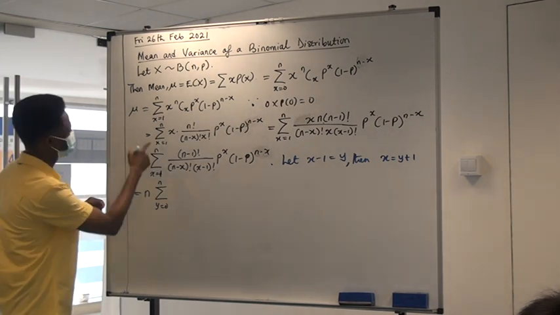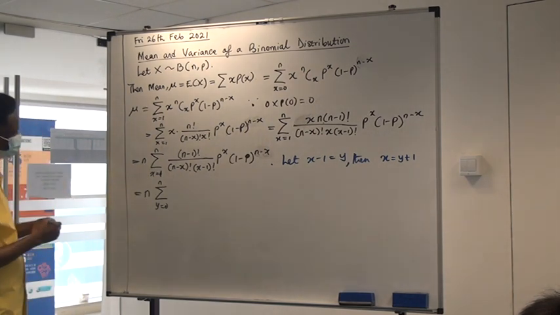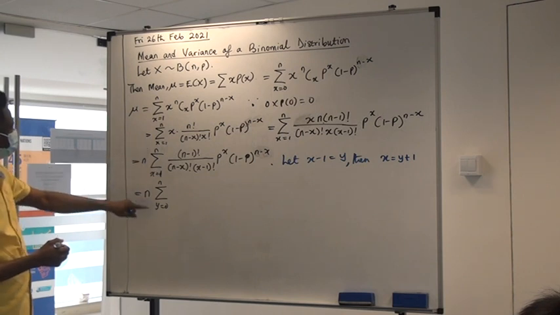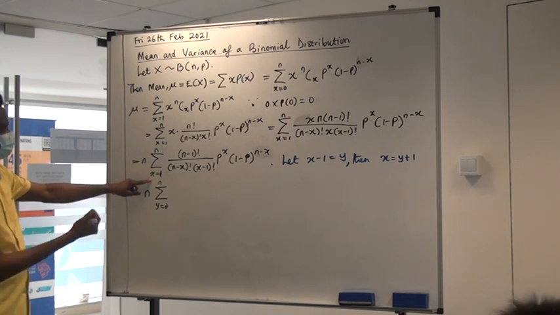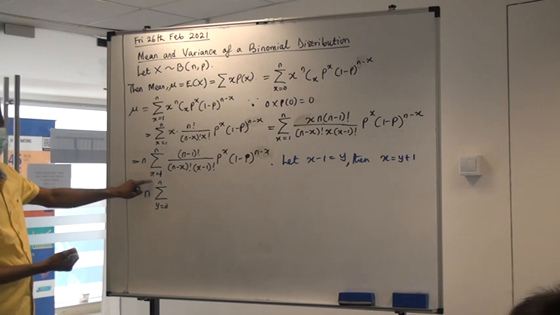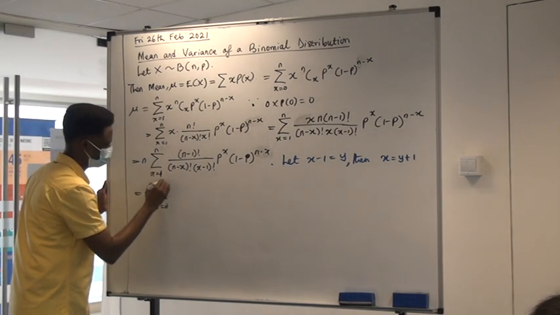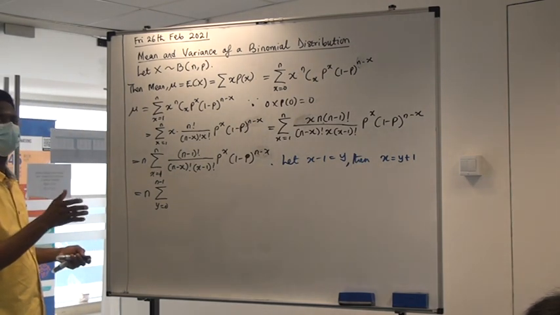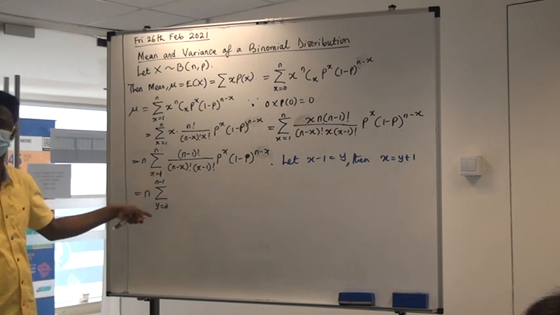Nothing happens to our n, or is it? x is from 1 to n, so y from 0, because there's a change, right? y from 0 to n minus 1. So there are n of them, so this will be 0 to n minus 1. There are n of these as well. Do you agree?